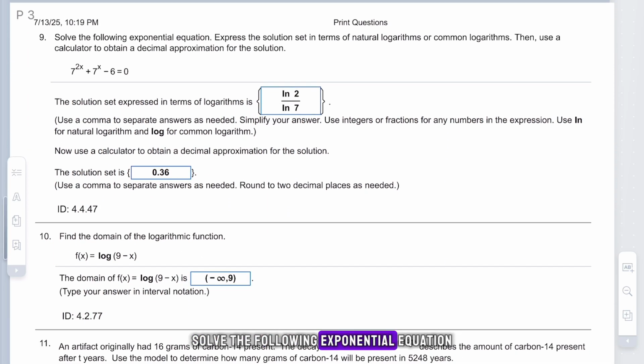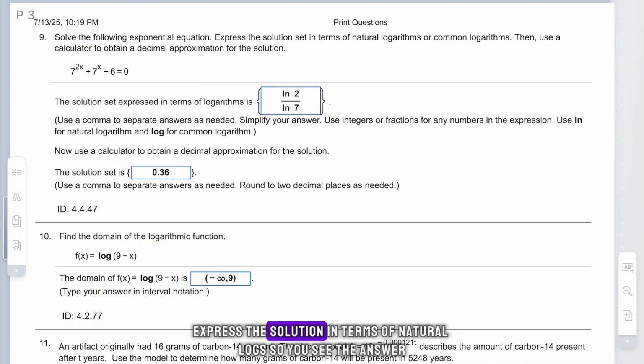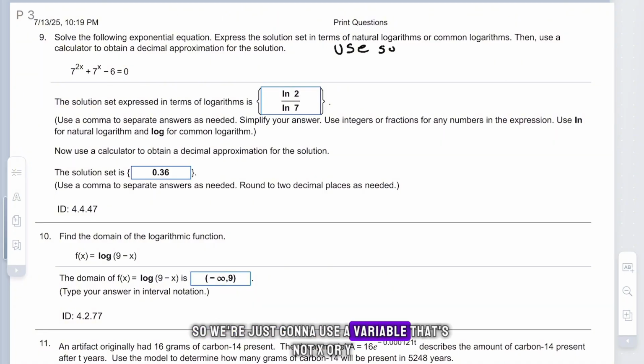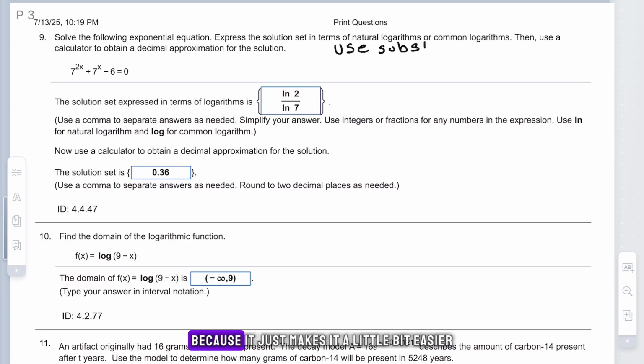Solve the following exponential equation. Express the solution in terms of natural logs. So you see the answer, so that kind of helps guide you. So we're going to use substitution. So we're just going to use a variable that's not x or y because it just makes it a little bit easier.